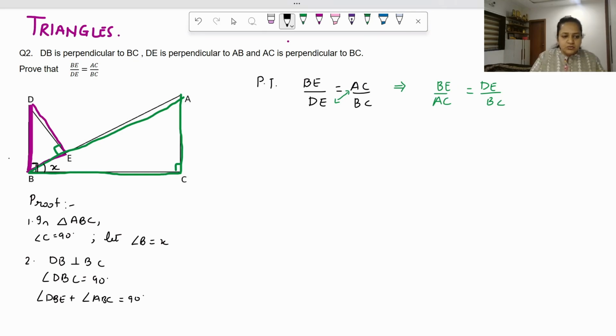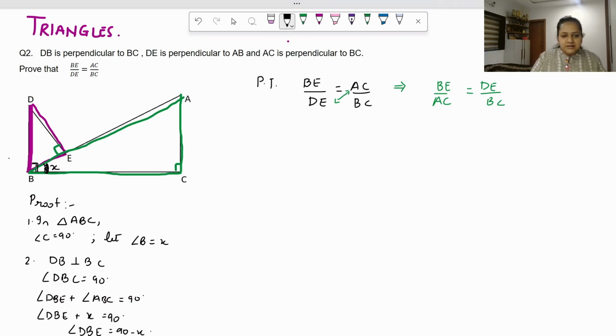DBE we don't know, so we'll write this as DBE. But ABC is this angle, and we have assumed this angle to be X. So in place of ABC, we write X, and DBE plus X is 90. Therefore we get angle DBE is 90 minus X.